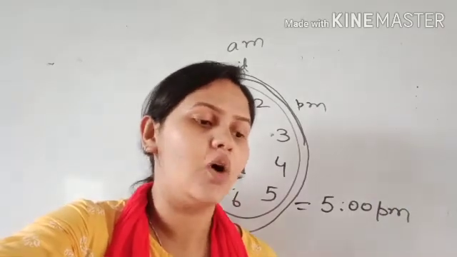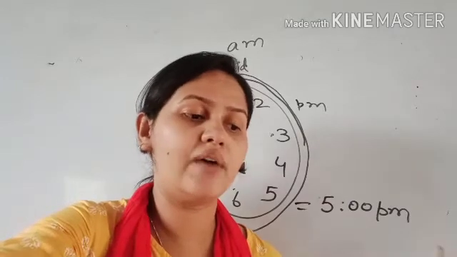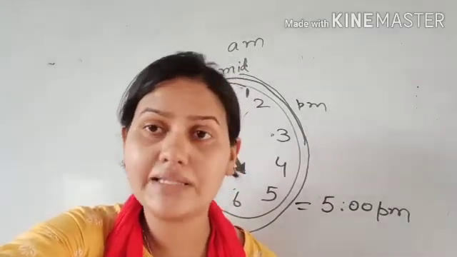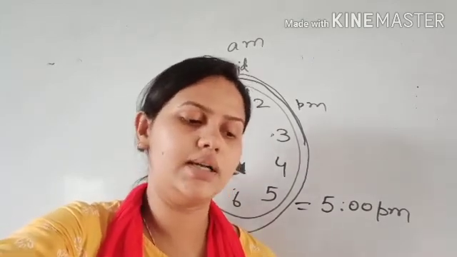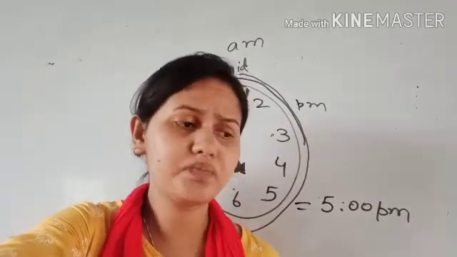Now find out the following dates and mark them on the calendar given below. First, find out the New Year. On which day do we celebrate New Year? 1st of January. So you can draw a circle on that one and mark that day.